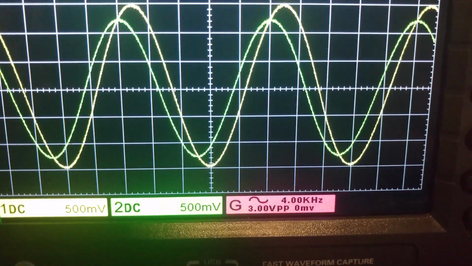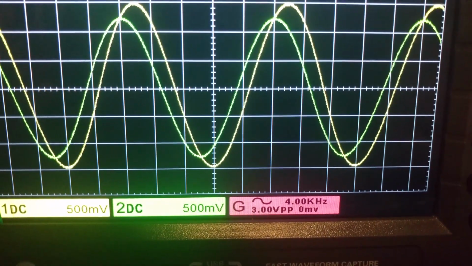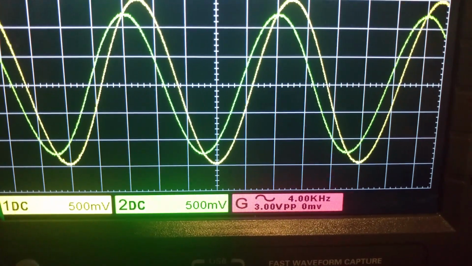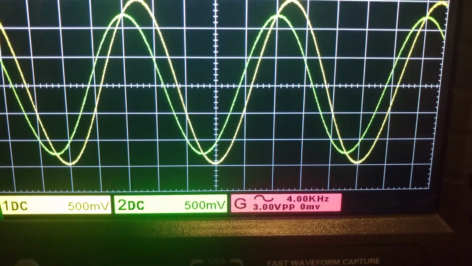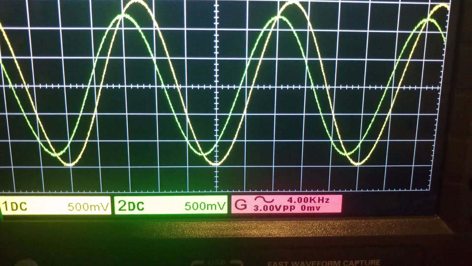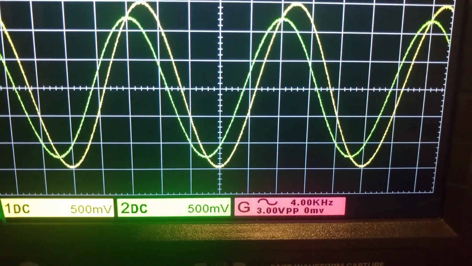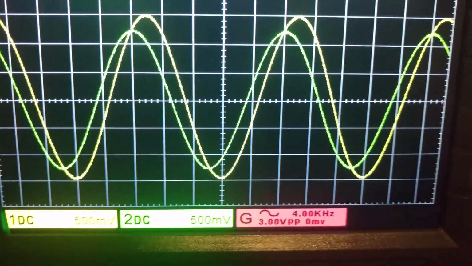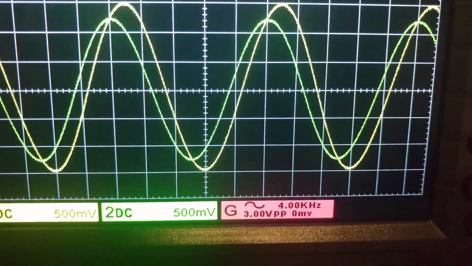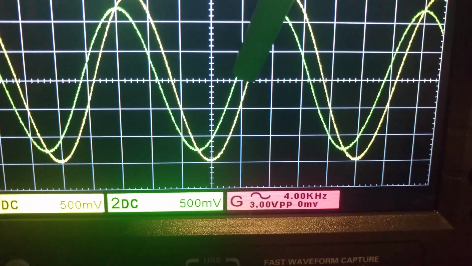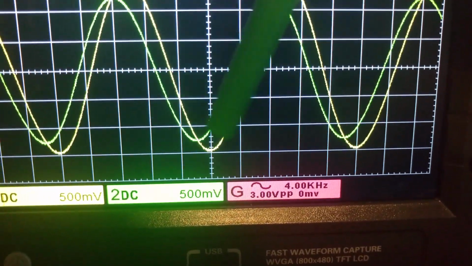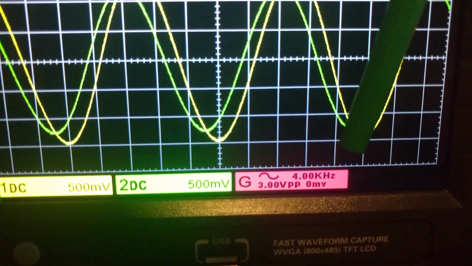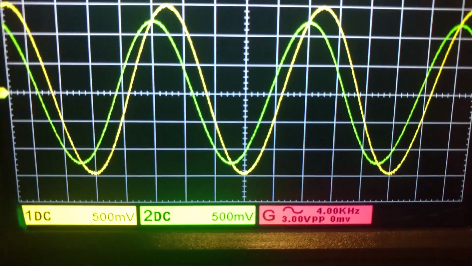And if you look at the bottom peaks there of the resultant vector, 360 degrees would be 5 major divisions. And 5 major divisions is 25 small divisions. So again, the difference between the signals right here is about 2.1 divisions, and 360 degrees is from this peak to this peak, which is 25 divisions.